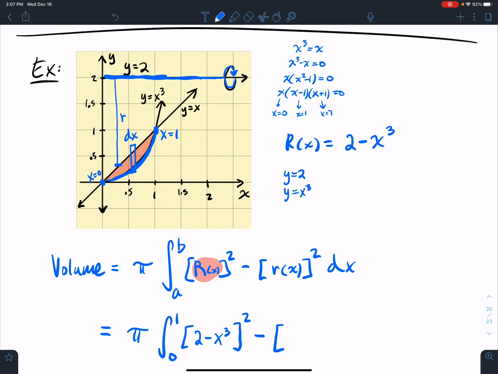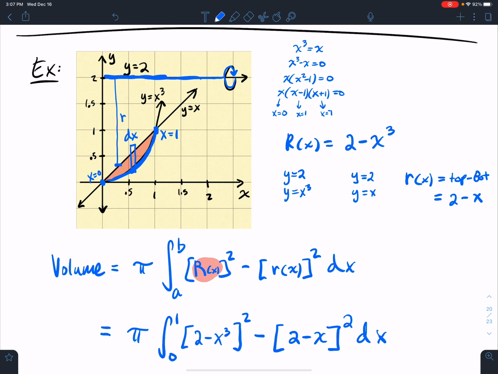So that's y equals 2 down to y equals x. The little r of x is equal to top minus bottom, which is 2 minus x. So I put 2 minus x in here, close parentheses, square it, dx.